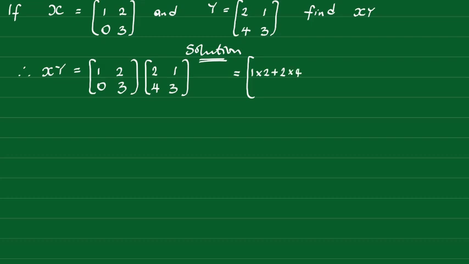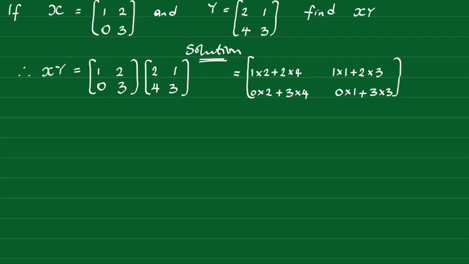Next, what we have is 1 times 1 plus 2 times 3. Come down, we have 0 times 2 plus 3 times 4. And lastly, we have 0 times 1 plus 3 times 3, bracket close.